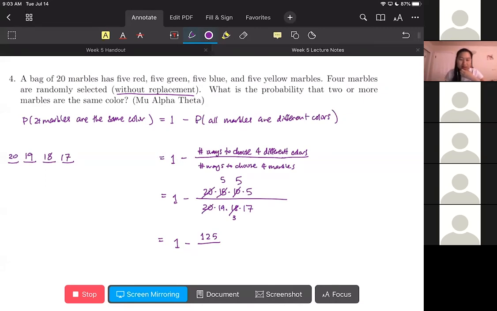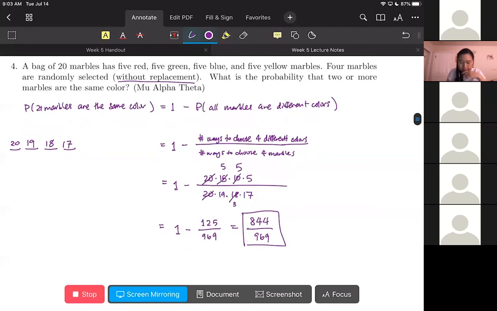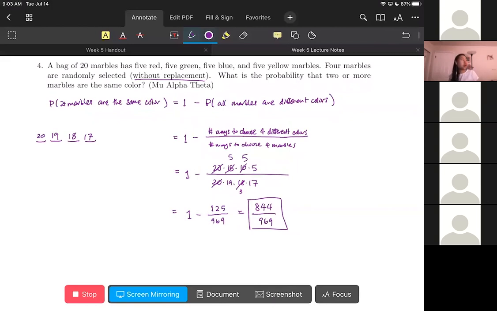I think it's 969. Yep, 969. And then this is going to give us 844 over 969. So this is one way we could count the complement.